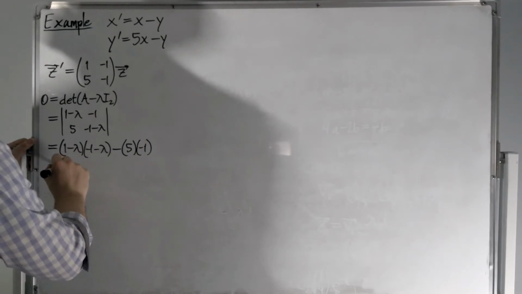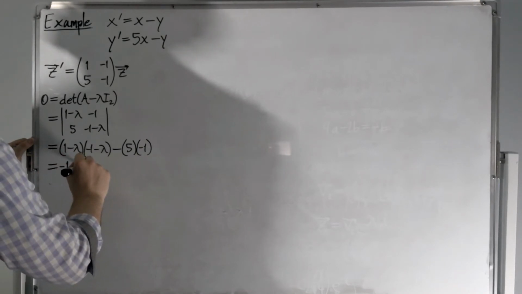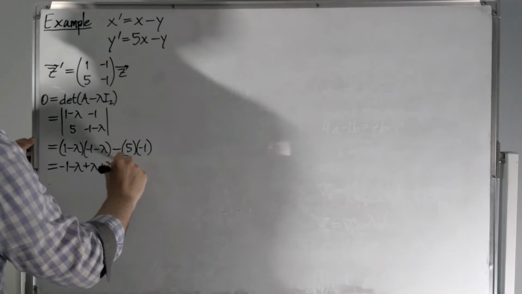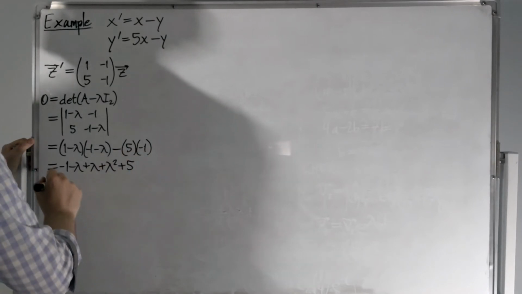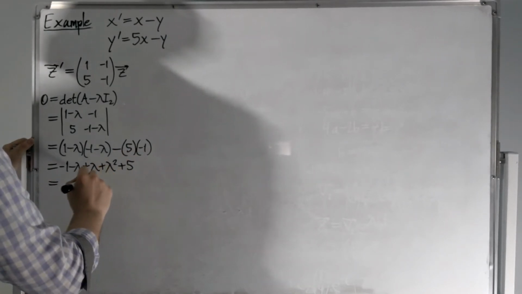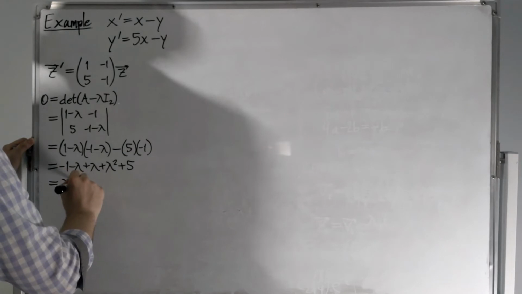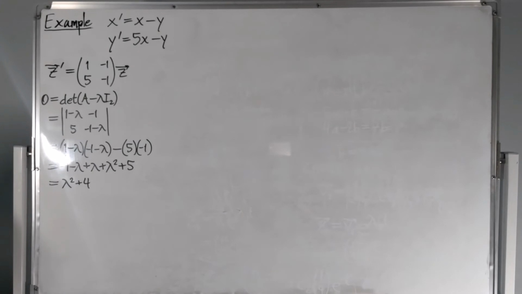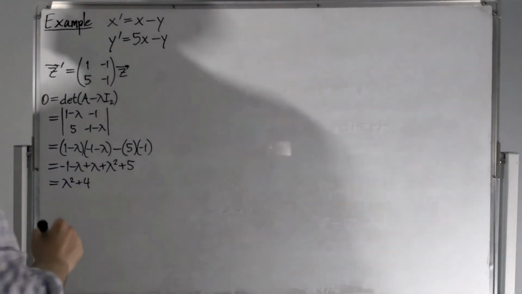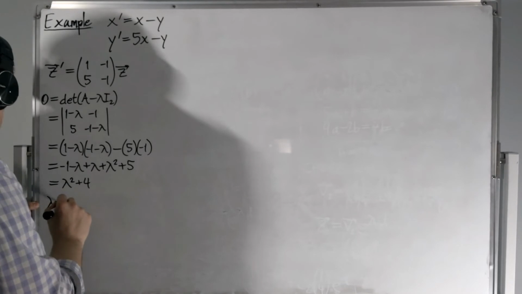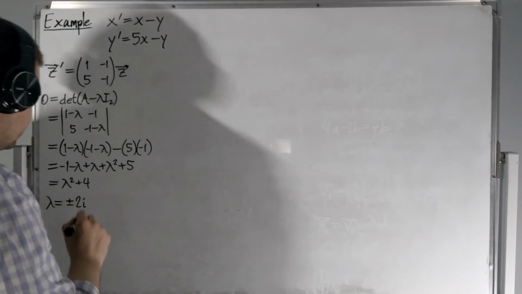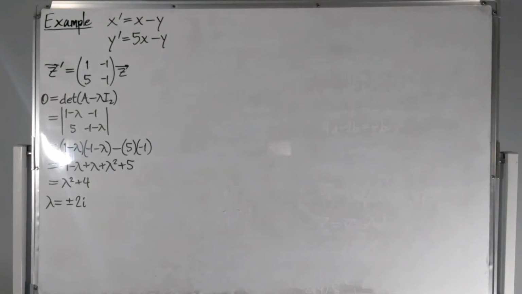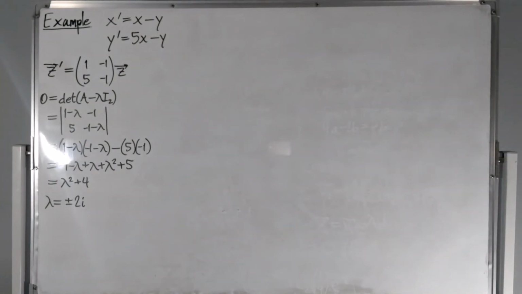This turns into negative 1 minus lambda plus lambda squared plus 5. Ergo, we get here lambda squared plus 4. That gives us the two complex roots, plus or minus 2i. Okay? So those are the eigenvalues.